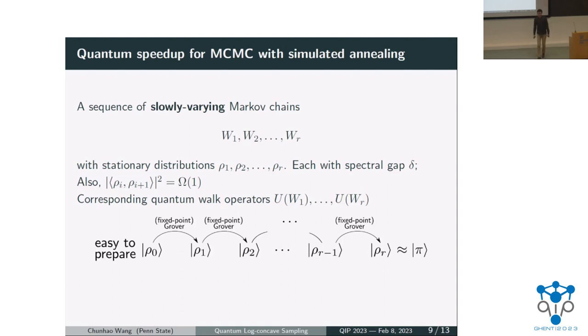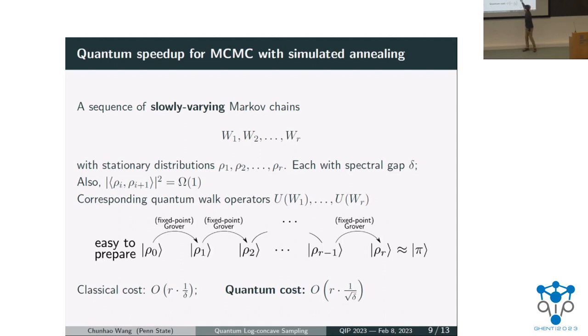Okay. So the classical cost is R times 1 over delta, but here it is R times 1 over square root delta, because the phase gap is quadratically better than the spectral gap, so the cost for implementing the phase estimation is 1 over square root spectral gap.